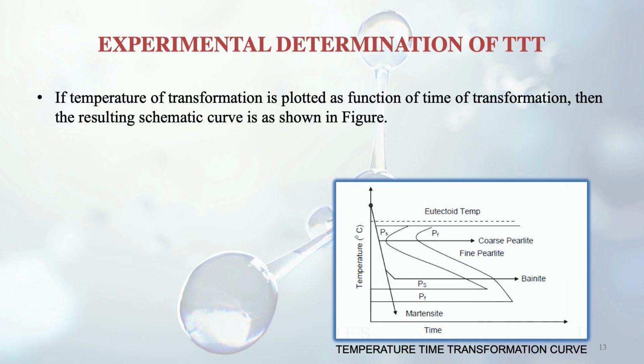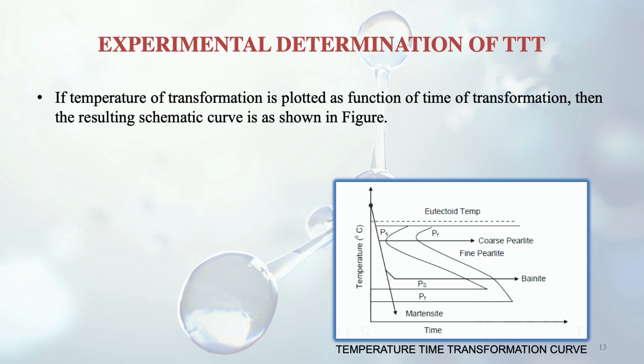When we start at a certain point, in the beginning the rate of transformation is very slow, so it is at a larger distance from the y-axis, the temperature axis, at the top of the figure. And then there is a certain time of transformation after which it gets transformed.